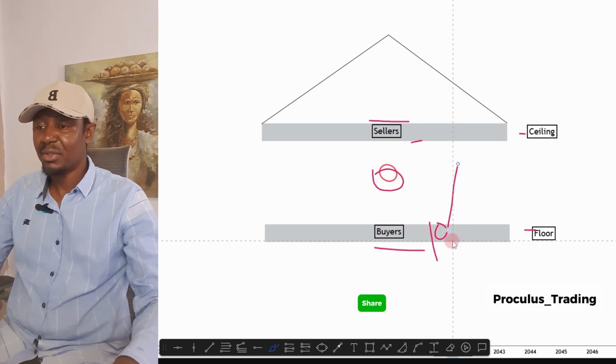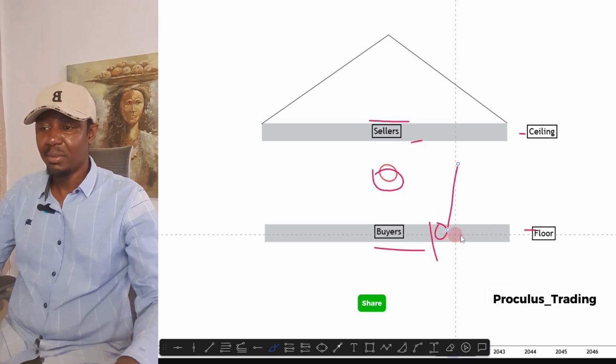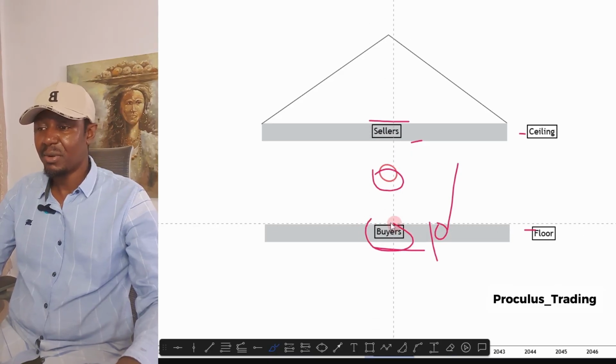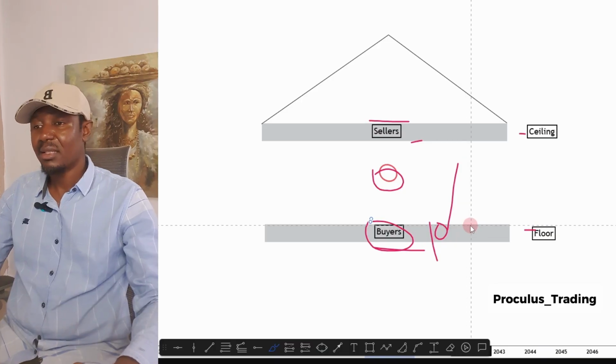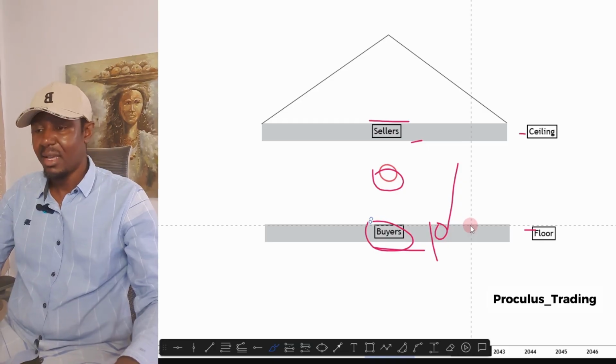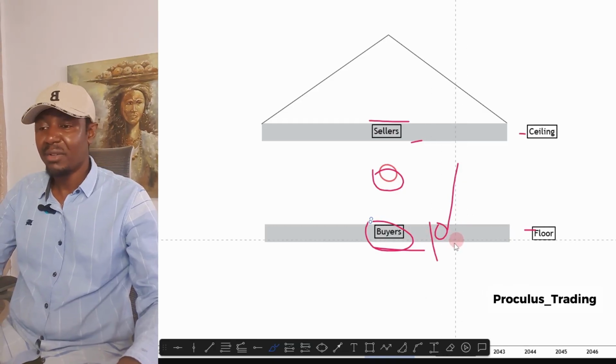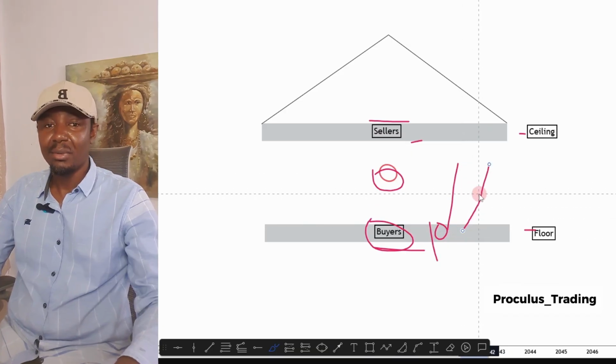So we have this point here to be the support, and this is where buyers are gathered, waiting for price to buy at a very discount and agreeable zone so that they can get a better value for their money when they buy. So at support, you find buyers waiting to enter the market to push the market to the upside.